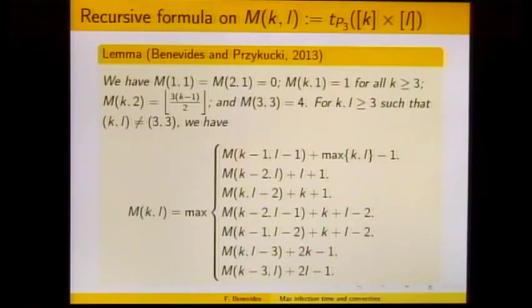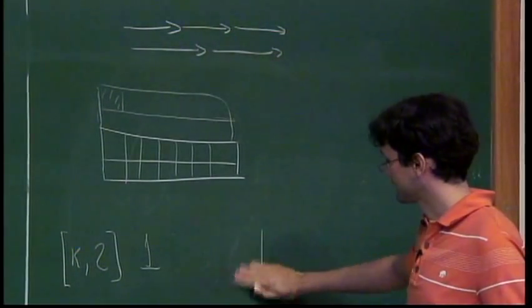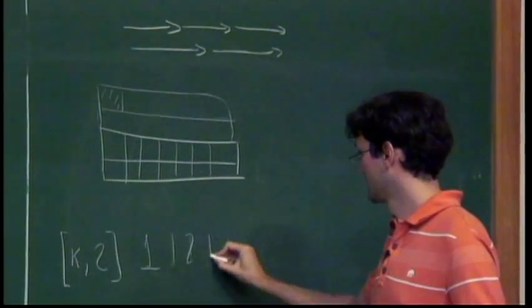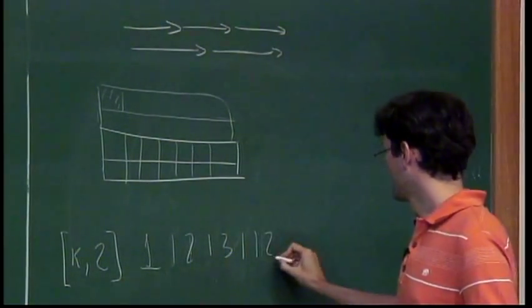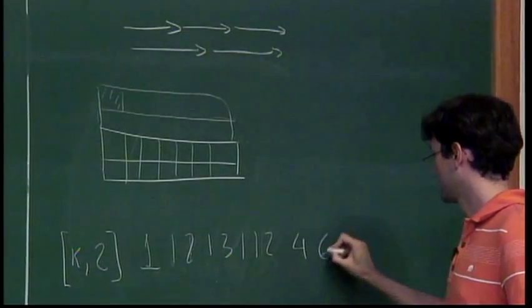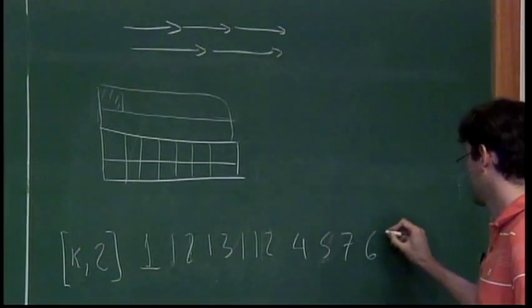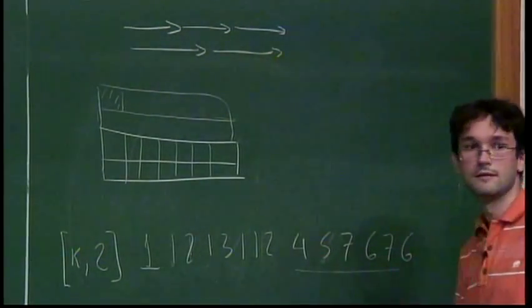So we play with these numbers. First, we prove that these moves 1, 2, and 3 can be pushed to the beginning of your sequence without increasing the time. Then we end up getting a sequence that has a bunch of 1s, 2s, and 3s in the beginning, and then all the moves 4, 5, 6, and 7 at the end.